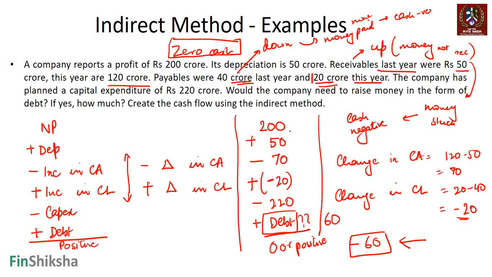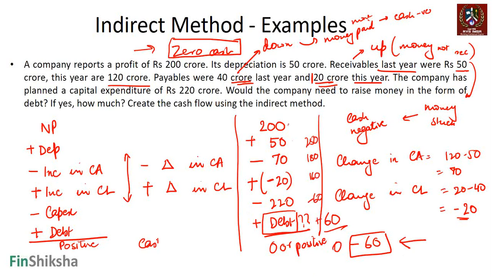So if you have 60 crore of debt, this will become 250. We can work cumulatively. 250 minus 70 is 180, 160 minus 60 plus 60 gives me 0, right? So if I want to end at a 0 cash, the minimum cash I need in terms of debt has to be 60 crore, assuming the company has 0 cash.